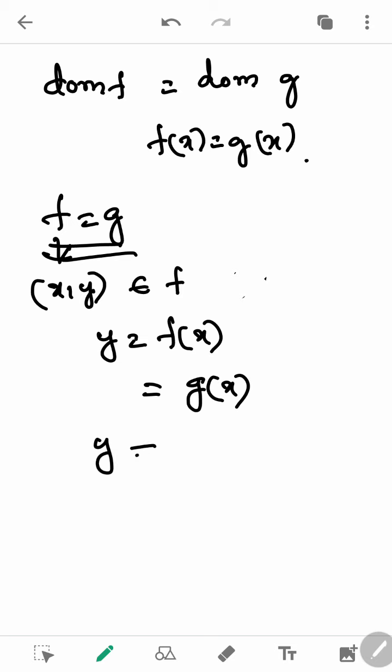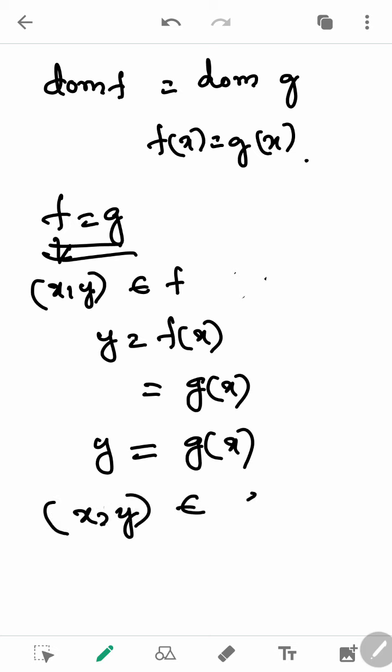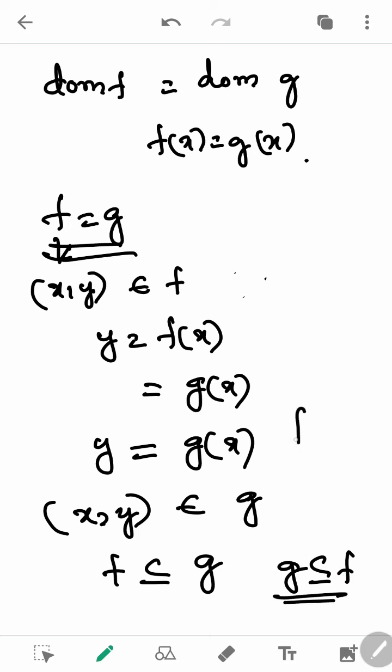That means you have y is equal to g of x. What does that mean? The ordered pair x comma y belongs to g. That means f is a subset of g. Similarly, we can prove that g is a subset of f. Therefore, f will be equal to g.